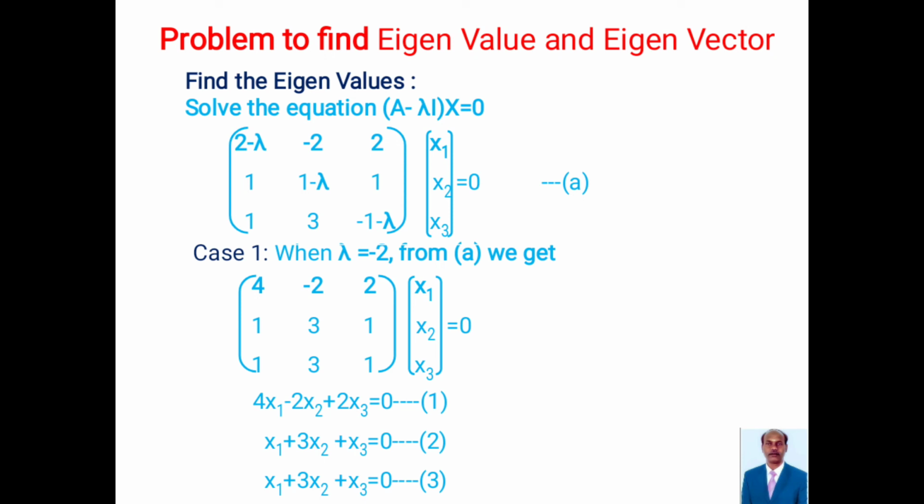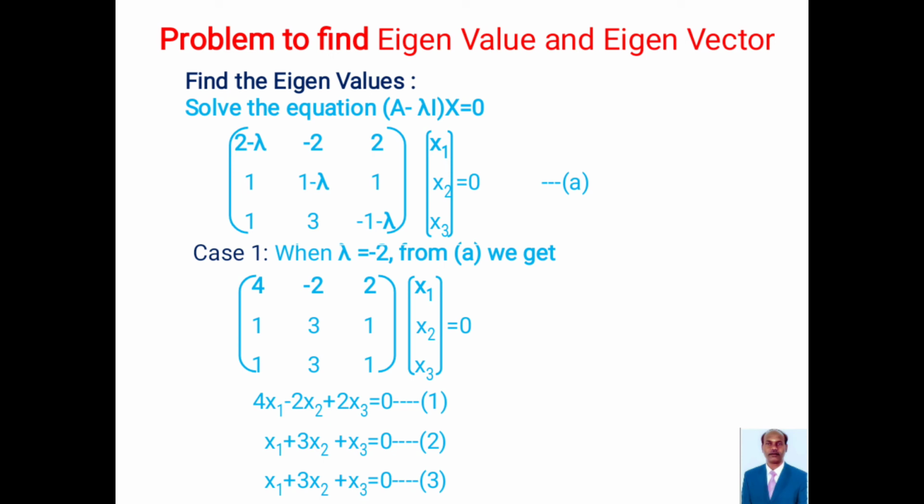So now we can take the first row and multiply with the column matrix x. So 4x1 minus 2x2 plus 2x3 equal to 0. That is the first equation. Take the second row and multiply with that column matrix: x1 plus 3x2 plus x3 equal to 0.